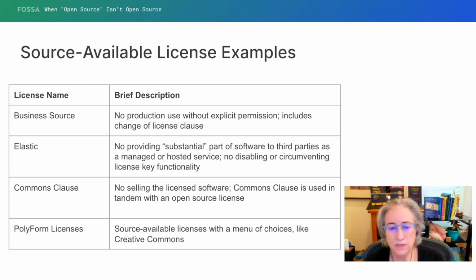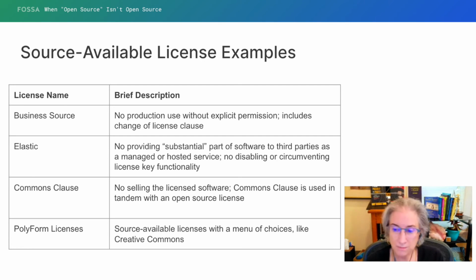So this type of restriction is very popular in source available licenses because the companies that release software under these licenses are trying to protect their cloud business. The Elastic license allows redistribution freely.